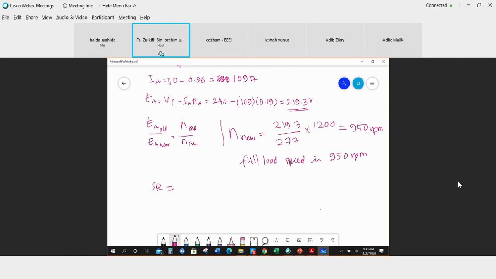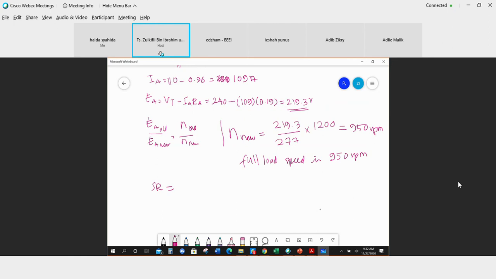And if the speed is lower than 950, there also must be a problem with the machine. This will determine, when we design the protection of the machine, that the sensor measuring the rotation ensures the machine operates in this range. If it goes out of this range, it will trigger something. For example, maybe the wire is faulty, maybe the load itself is too heavy so the motor cannot move, or maybe there is a winding short, so something is wrong. So this will trigger us if it goes beyond that.